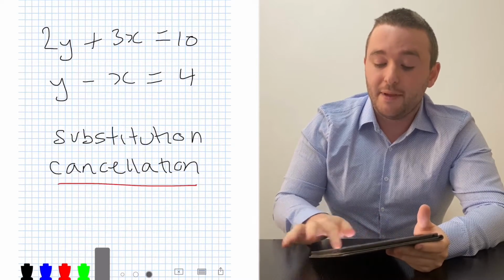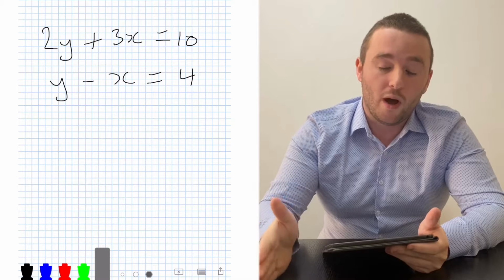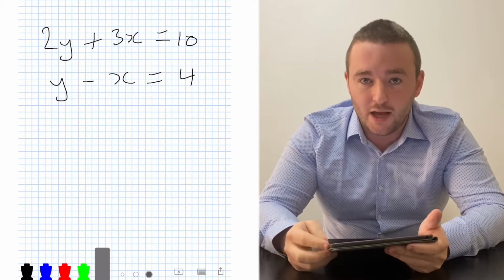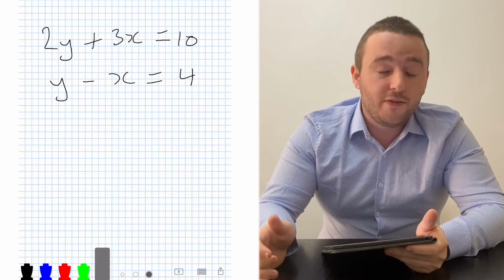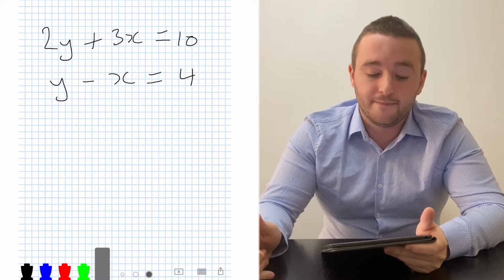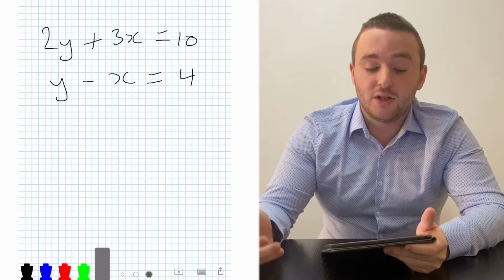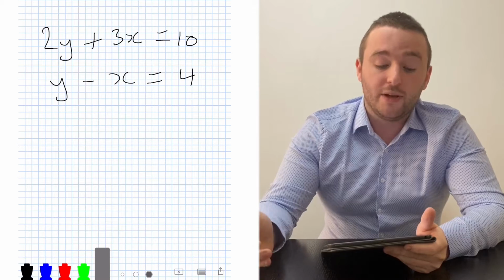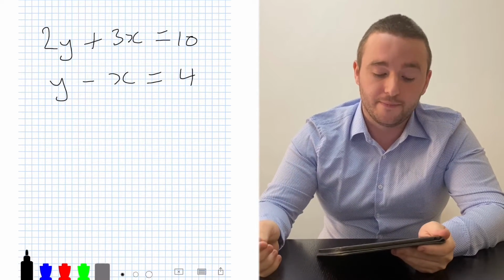The first step is to try and get a number in front of one of the letters to be the same as the other equation. So for example, here, in one of the equations we have 2y, and in the other equation we have y. The best thing to do here would be to get them both to being 2y. How we do that is in the second equation, we multiply everything by 2.